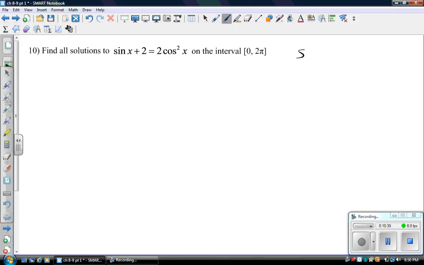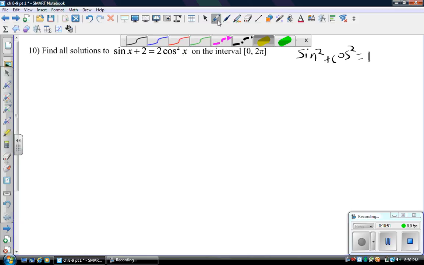Well, the parent Pythagorean, remember, is sine squared plus cosine squared equals 1. We want to replace cosine squared. So this is our little culprit that's messing everything up. What I can do is solve for cosine squared here, so I can then substitute it in.